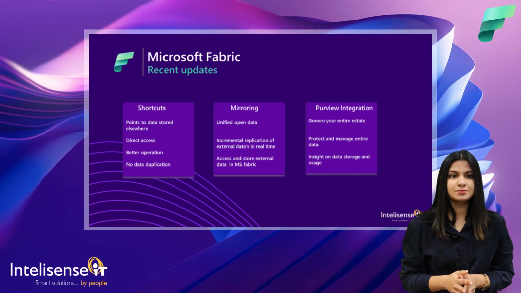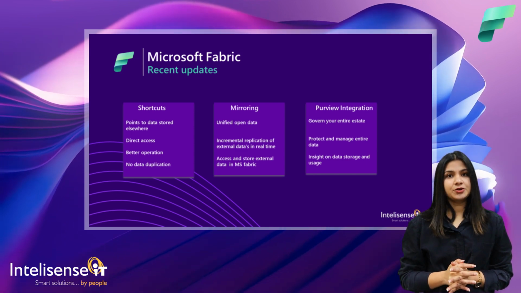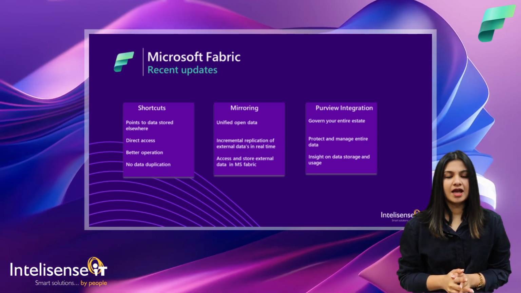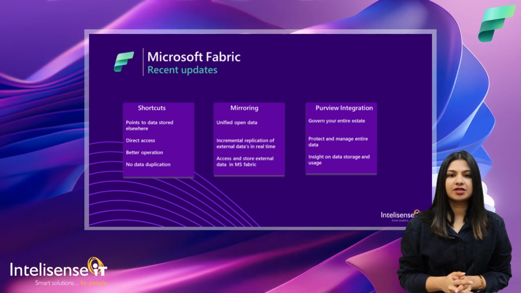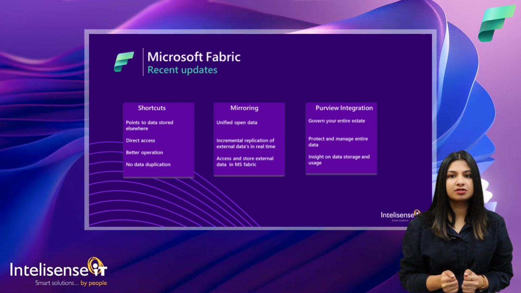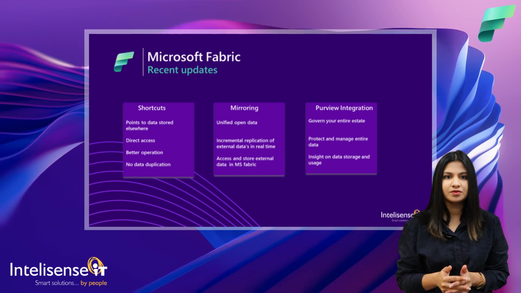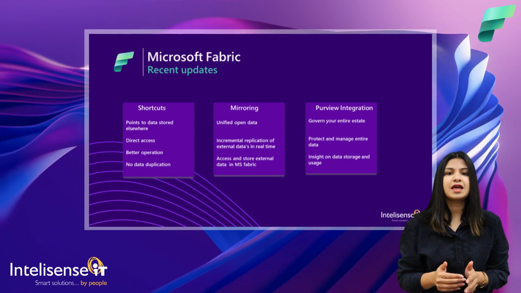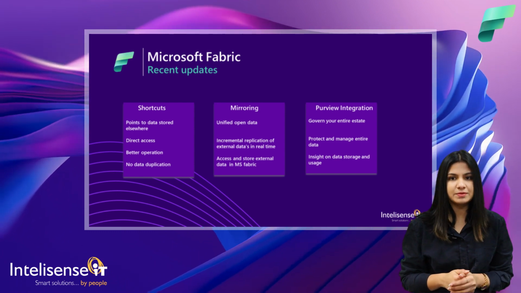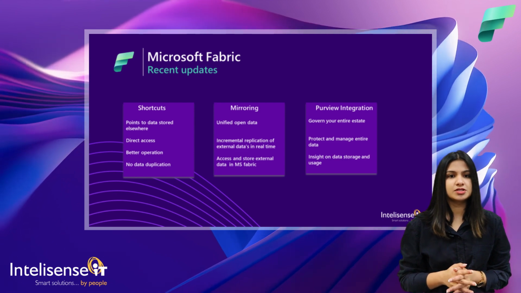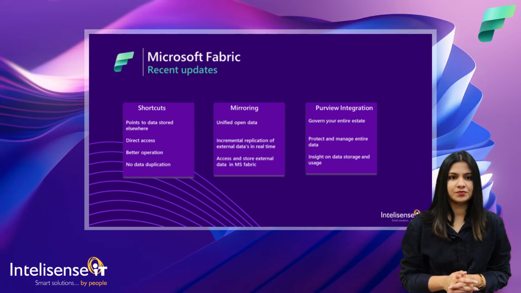And the next one is Mirroring. It's a data duplication capability, and it lets you access and manage any database or warehouse from Fabric without switching database clients. And mirroring will be available for Azure Cosmos DB, Azure SQL DB, Snowflake, and MongoDB.